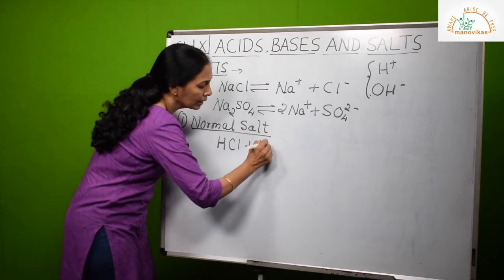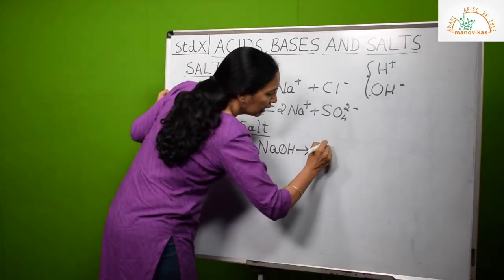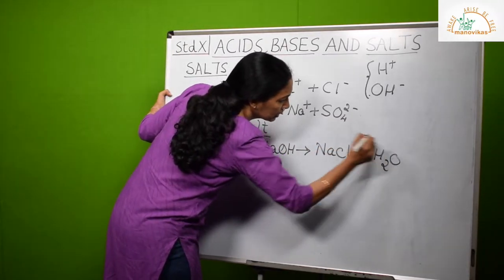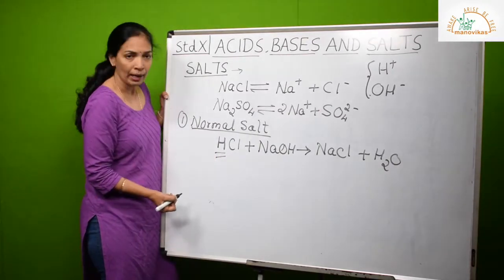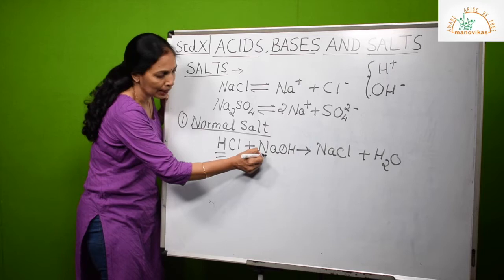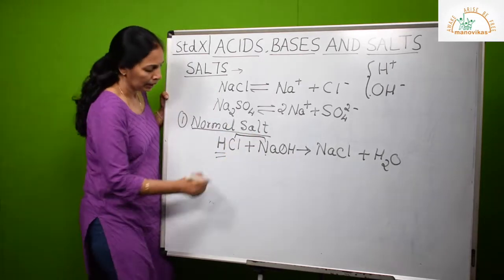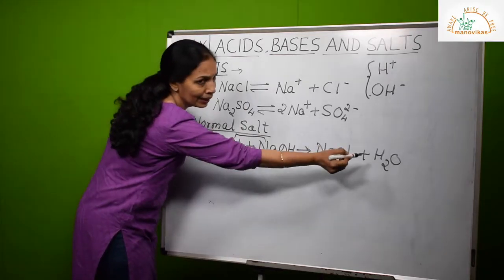So if it reacts with NaOH, it will give you NaCl plus H2O. This is a neutralization reaction. So this H plus ion is replaced by this Na. The Cl is combining with Na and H is combining with this OH. So ultimately NaCl and H2O.